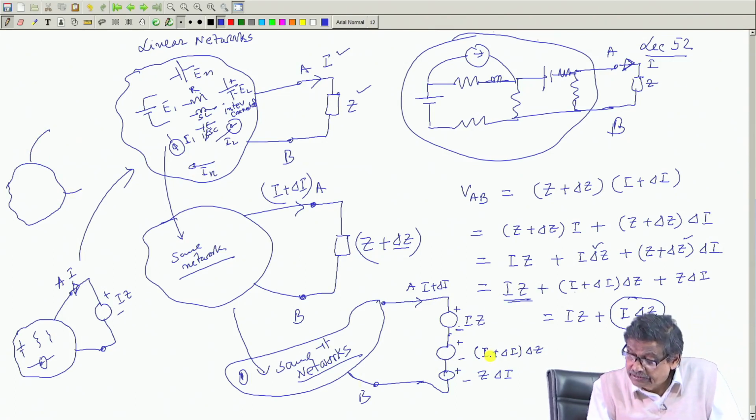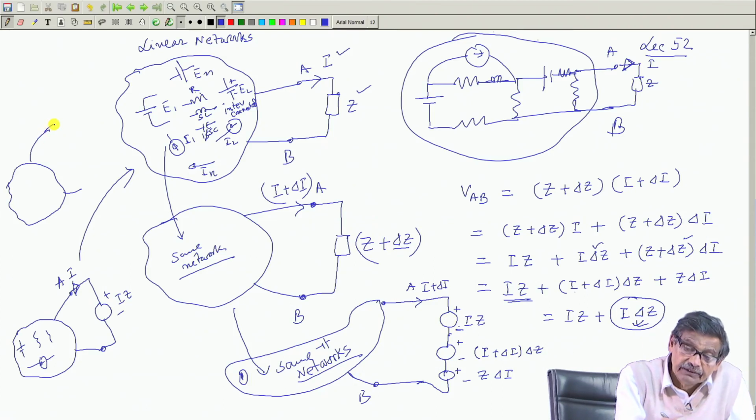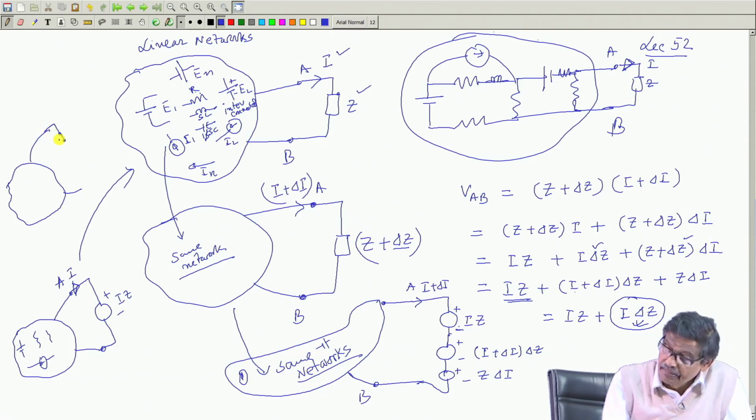Then I will say only these two sources are present and this is shorted. So, this I will short, and these two sources are present. What are these two sources?